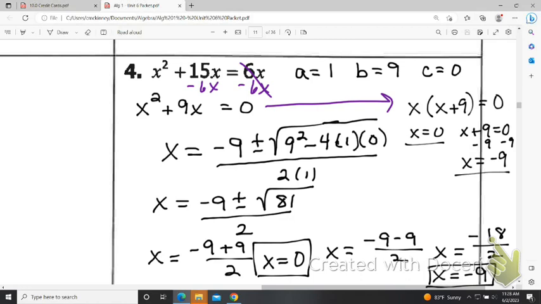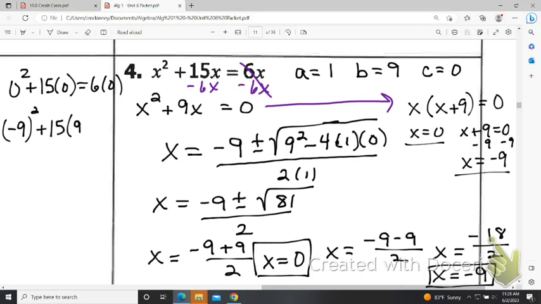You can also check your solutions by plugging the numbers in and making sure that they work in the original equation. So if I do 0 squared plus 15 times 0, does it equal 6 times 0? Well, that's a whole bunch of zeros, so the answer is, of course, yes. What about negative 9? Negative 9 squared plus 15 times negative 9 should equal 6 times negative 9.